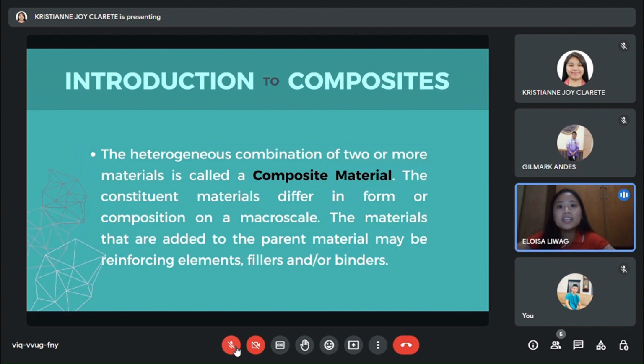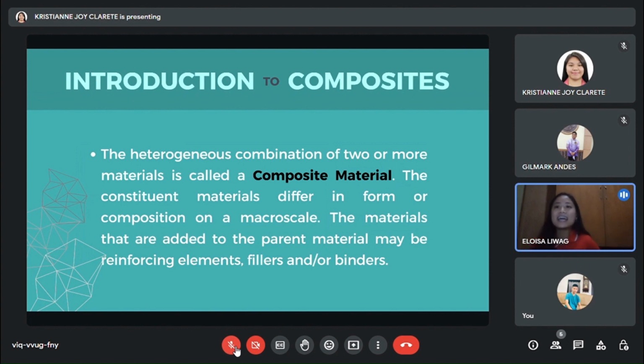The heterogeneous combination of two or more materials is called a composite material. The constituent materials differ in form or composition on a microscale. The materials that are added to the parent material may be reinforcing elements, fillers, and/or binders.